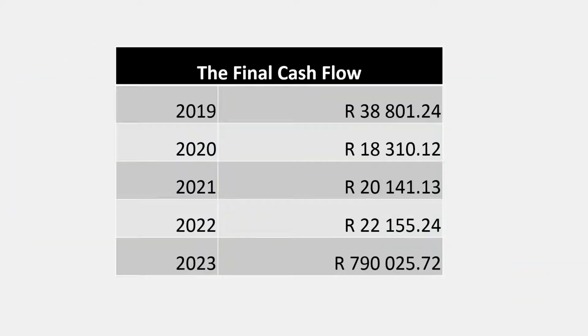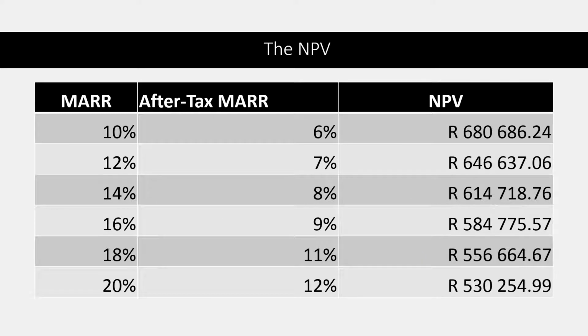Then when we look at our final cash flow, just once again want to point out that we cashed out the investment right at the end, and therefore she has a nice big lump sum paying out right at the end. And when we consider the present value of this option, we can see that it is very high indeed. It's about 3 times the size of any of the other options.